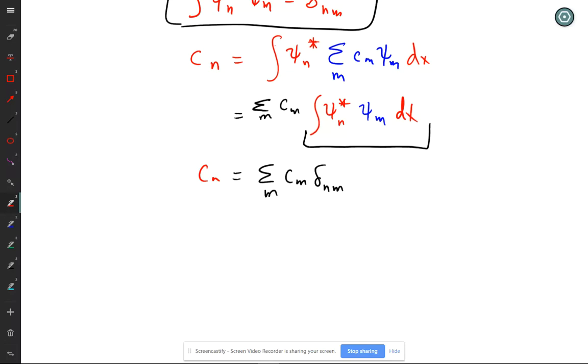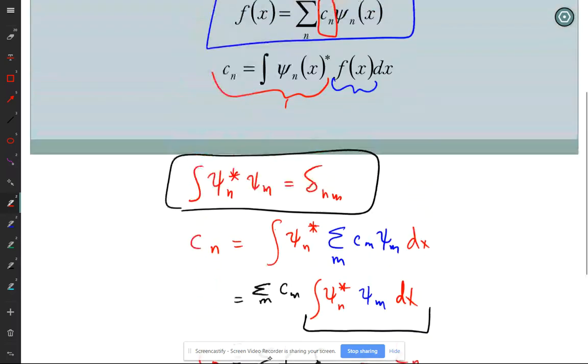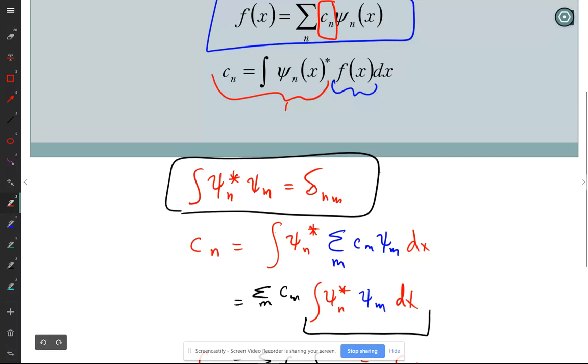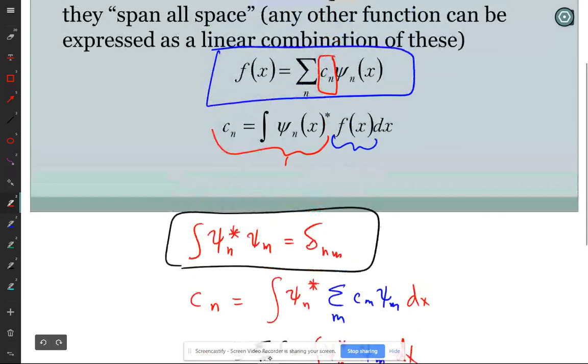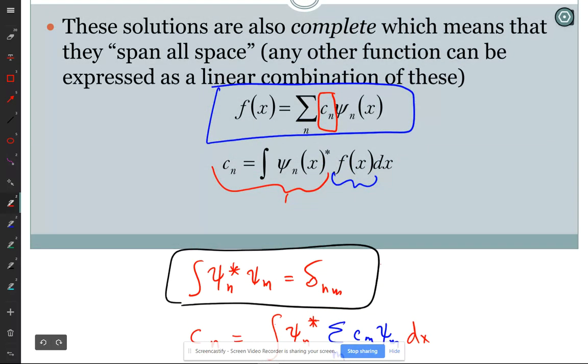And what's that one m value? n is equal to m. Yeah. And so this is just going to be equal to C sub n, because for all m's not equal to n, it's 0. And so what we've shown is, given this orthonormal relation, that those are a consistent set of rules.